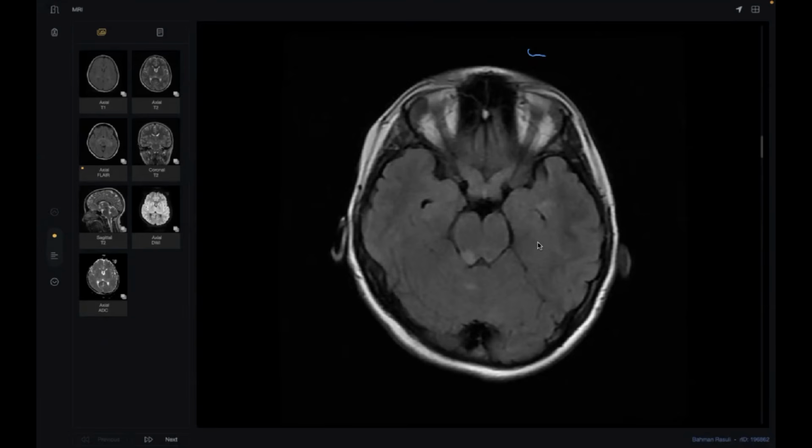What happened? There is a hyperintense signal involving the right midbrain. What else? There are some subtle signals also seen involving the temporal lobes. What else?